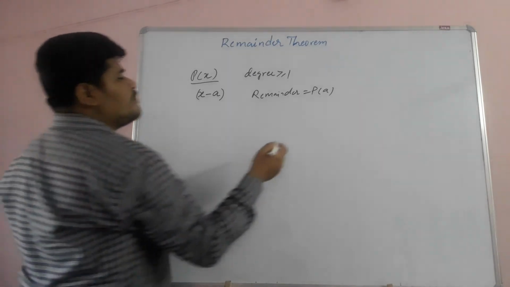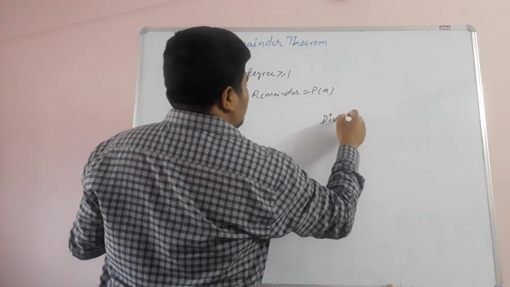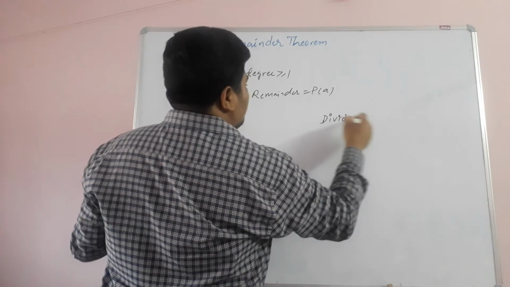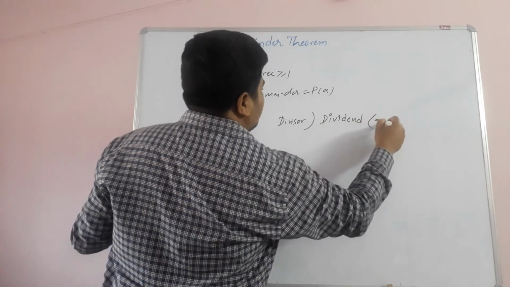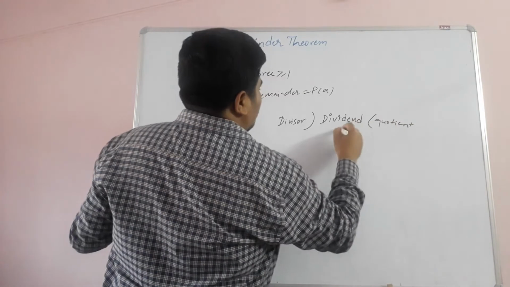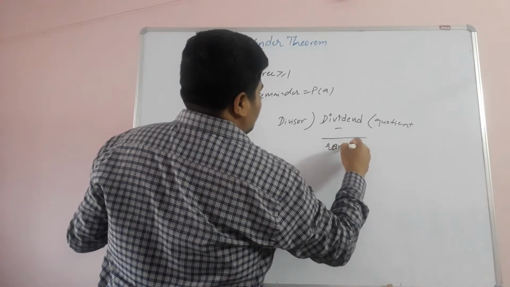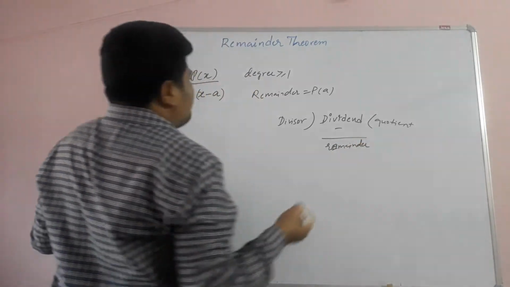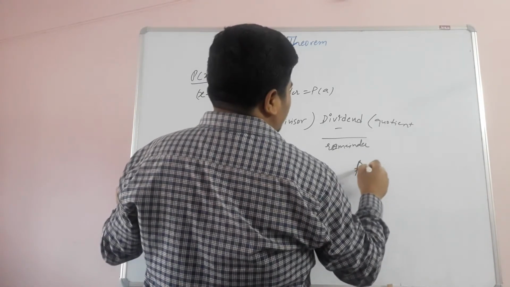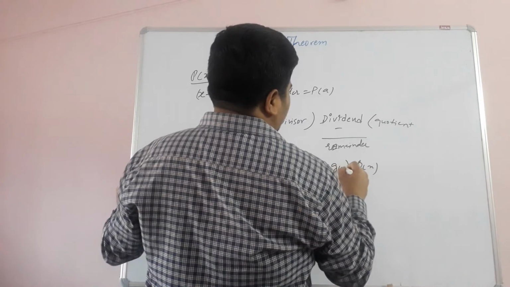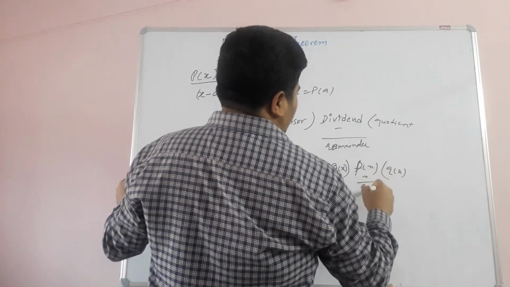Okay, so children, we know about the division algorithm. So what is the division algorithm? If we divide anything, here it will be the dividend, the divisor, and here the quotient, and whatever result is left is called the remainder. Suppose p of x is the dividend and you are dividing by some other expression g of x, then your quotient is q of x and remainder is r of x.